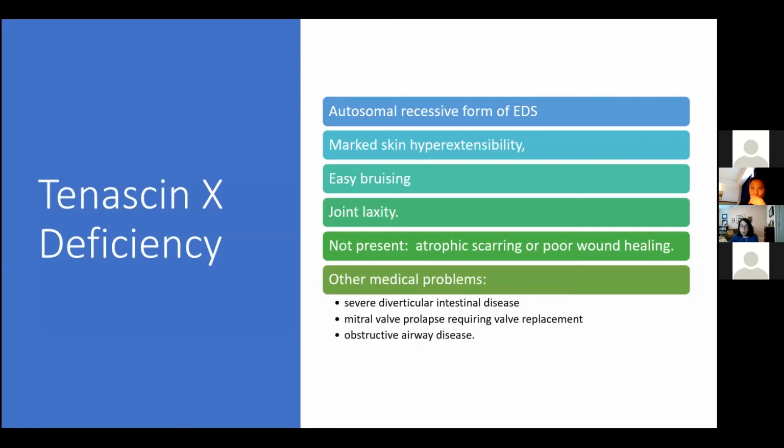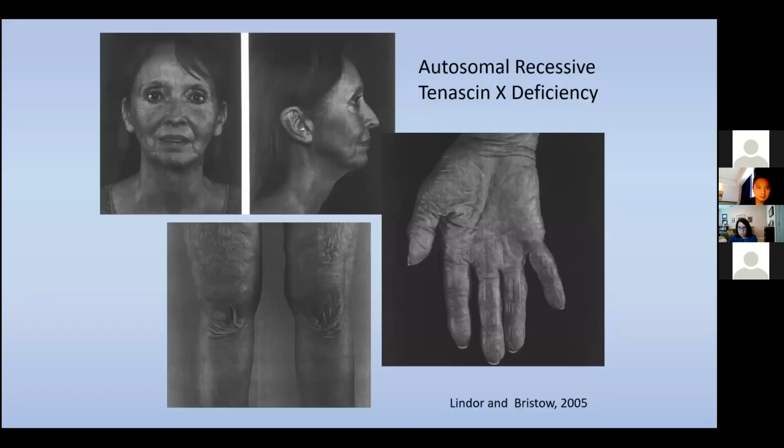And people with this tenascin X deficiency also may have severe diverticular intestinal disease. They may have mitral valve prolapse that's severe enough to require valve replacement. And they also may have obstructive airway disease. You also have very typical wrinkling of the palms of the hands and also on the feet.